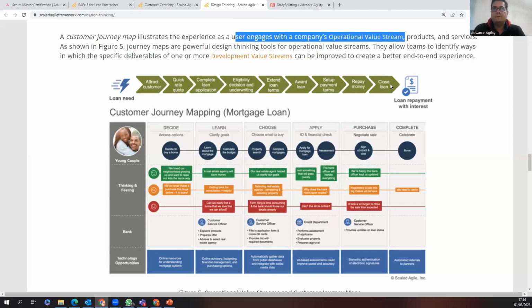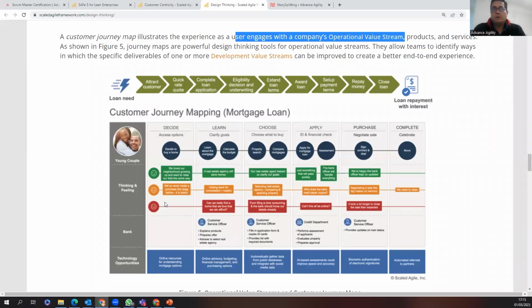These are some of the best case or happy path steps for completing a mortgage application, and then repayment of the loan as well. Now in the customer journey map, we try to identify the high level steps first, and then we try to see how this young couple is thinking and feeling at each step, at every touch point.